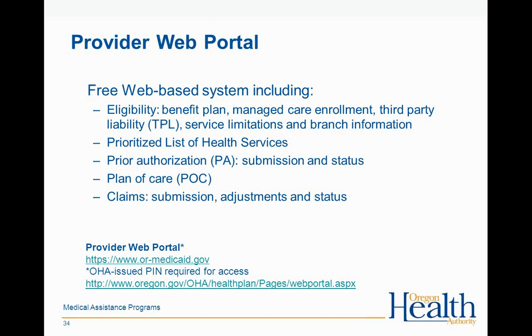Do know that prior authorization and claims on the provider web portal will be for fee-for-service clients. If you're authorizing and billing services through a coordinated care organization or another of our managed care organizations, then that is done through those organizations, not through our system.